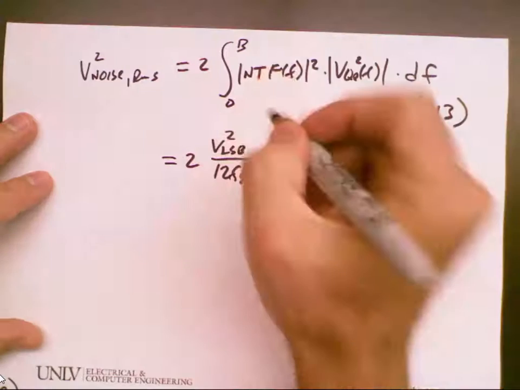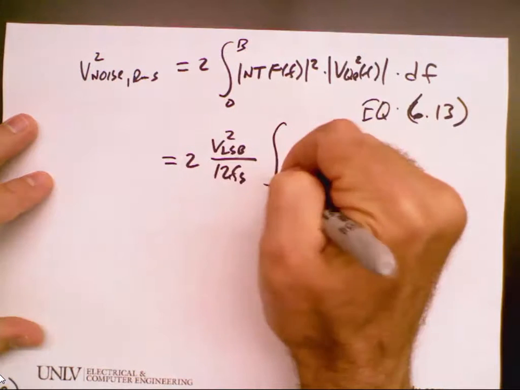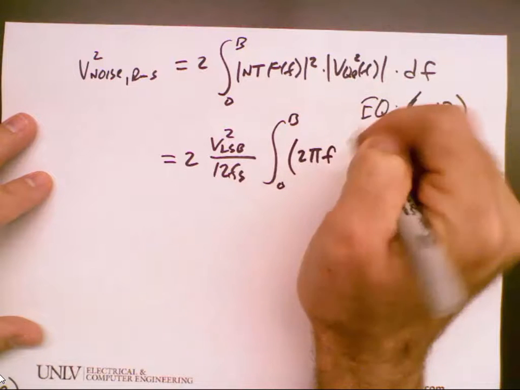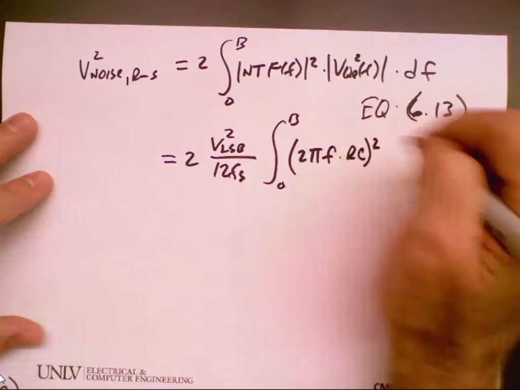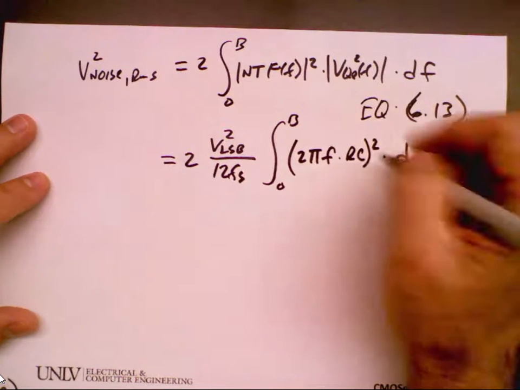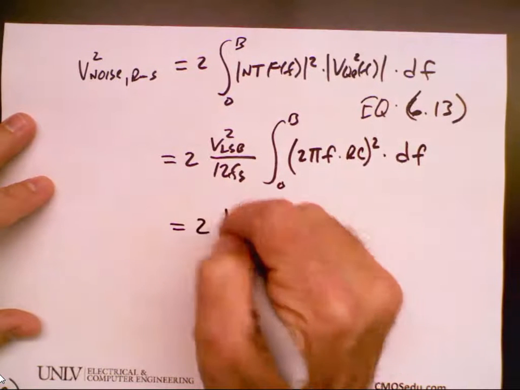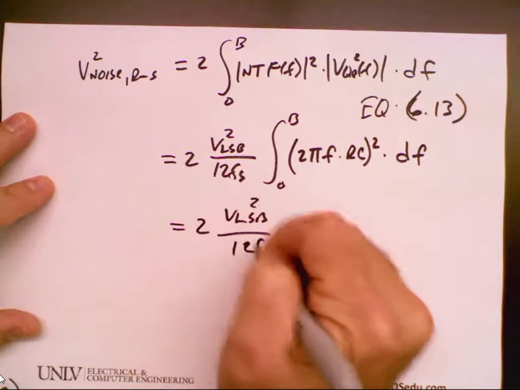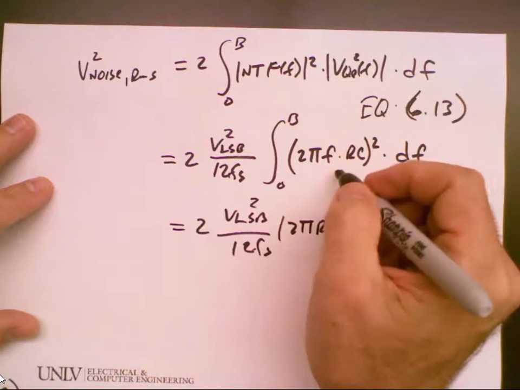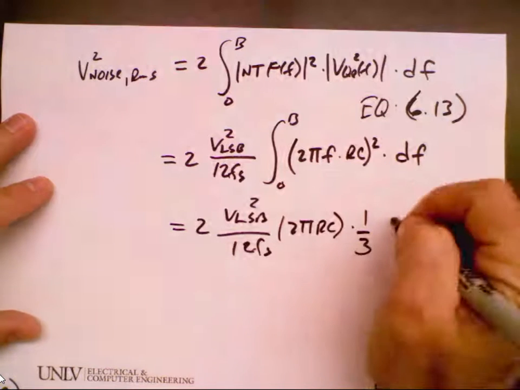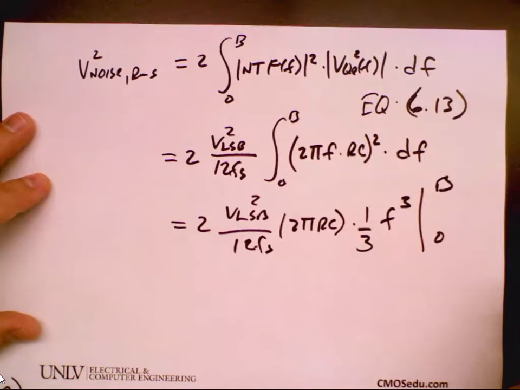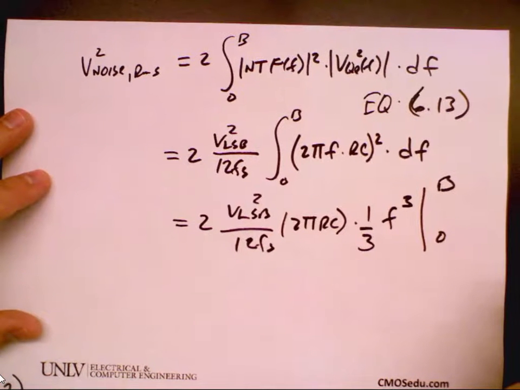Okay, so I write that as the integral from 0 to B of just the numerator part, which is 2 pi F times RC squared times dF. And if you plug everything in, you get 2 VLSB squared over 12 FS times 2 pi RC. And then F squared is 1/3 F cubed, evaluated at 0 and B. And you never thought you'd use that freshman calculus.